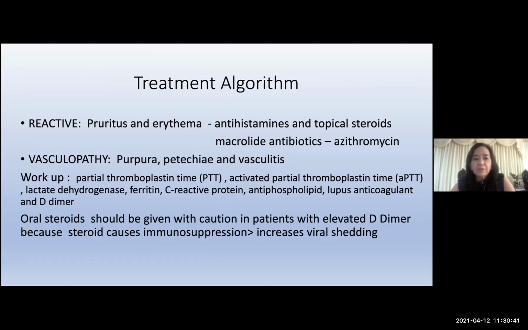We would work up with our partial thromboplastin time, activated partial thromboplastin time, lactic dehydrogenase, ferritin, C-reactive protein, antiphospholipid, lupus anticoagulant, and the D-dimer. Oral steroids should be given with caution in patients with elevated D-dimer because steroids cause immunosuppression, causing increased viral shedding.